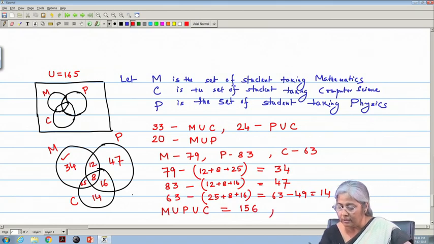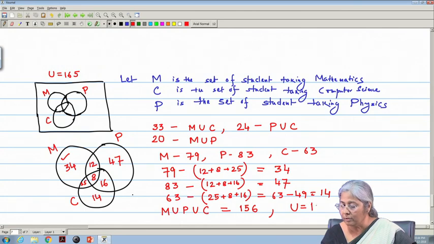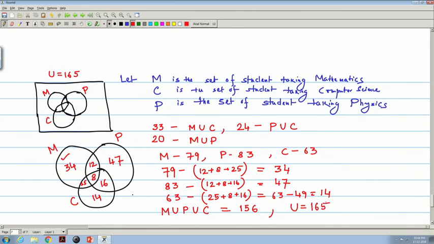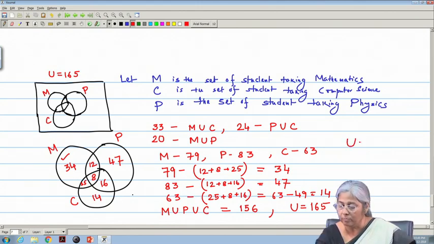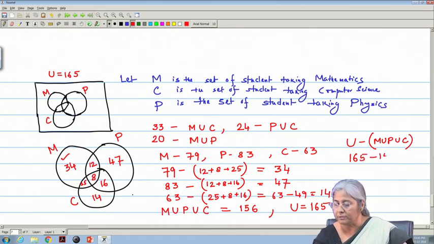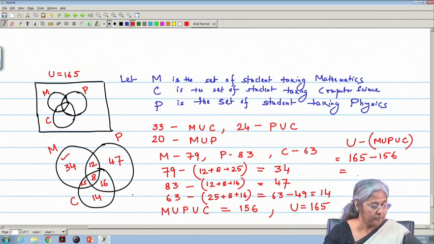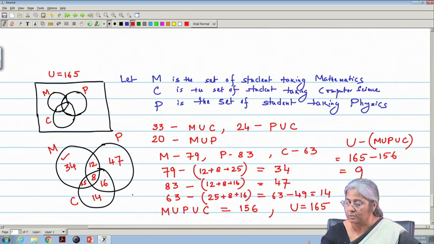And since our universal set, that means all students, is 165 students, the students who are not taking any of the subjects are U minus that union, that means 165 minus 156, which is equal to only 9 students.